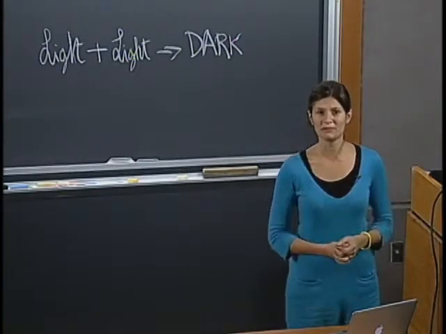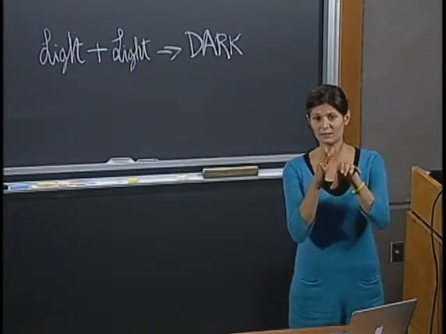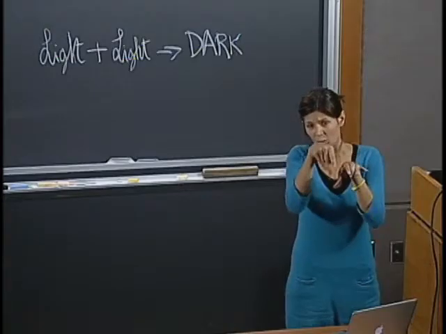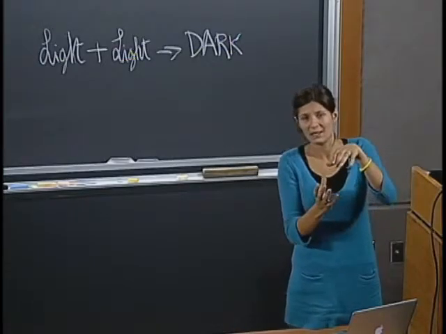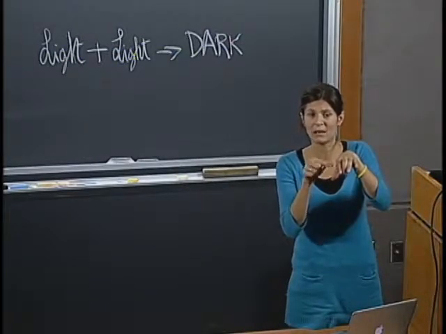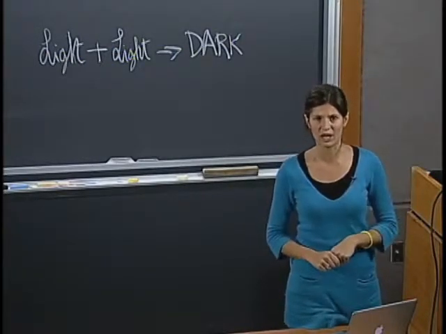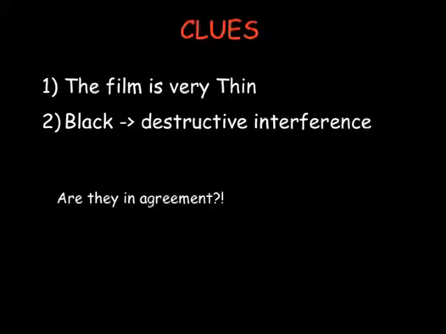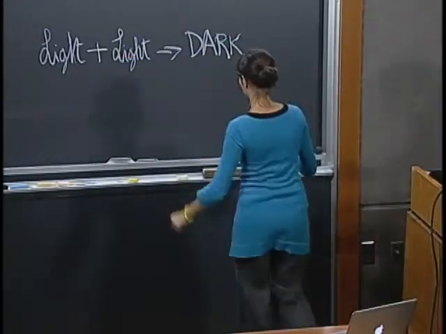And the second piece of information is that the film at the top becomes thinner. This is due to the effect of gravity. The liquid in the soap film will go downwards, and so the top of the film becomes thinner and thinner over time. Are these two clues really in agreement? Let's try to find it out.